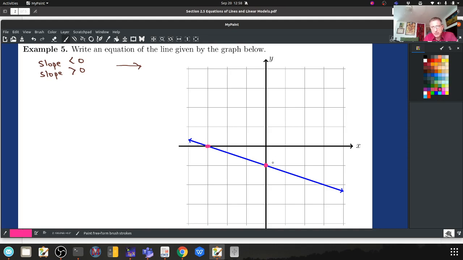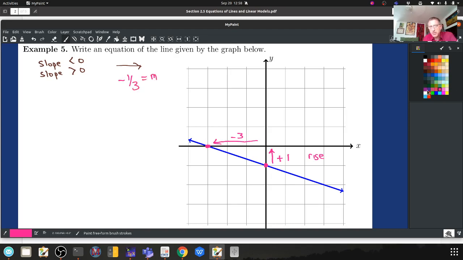And I'm going to start here and I'm going to say, oh, well, I'm going up a positive 1. So my rise is equal to 1. But then I have to go to the left, 1, 2, 3, so minus 3. So we're going to suggest minus 1/3 is going to be our slope.